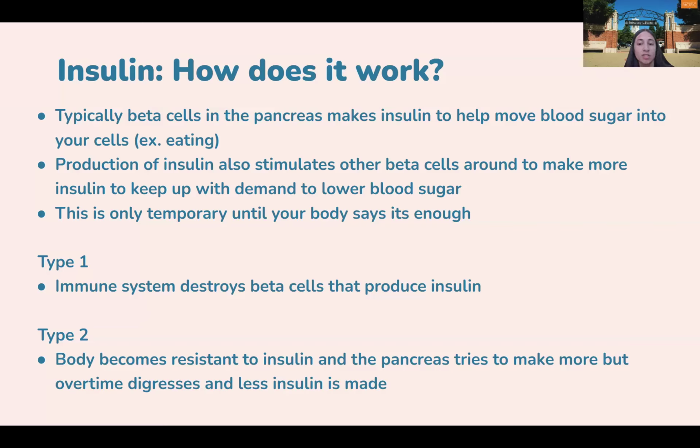At first the pancreas is going to work harder to try to produce that insulin, but over time the pancreas is going to wear out and make less insulin. And so people with type 2 diabetes might need pills or insulin depending on how advanced it is. And then people with type 1 diabetes are going to require insulin every single day due to this lack of insulin being produced.